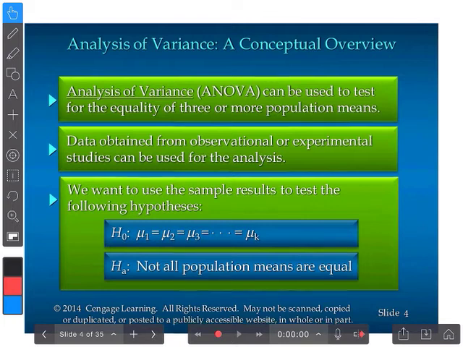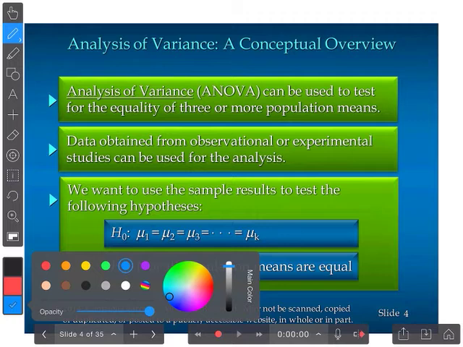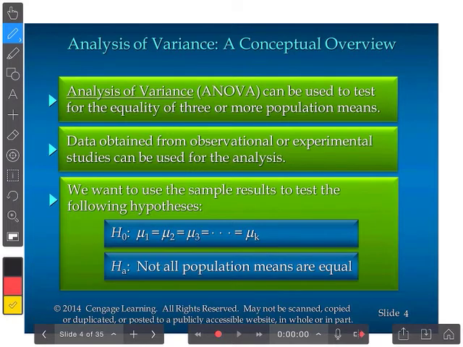We use the word ANOVA as a shortened name for analysis of variance. And we essentially use ANOVA to test the equality of means, population means. So in our null hypothesis, we'll typically state something like this, where the means are equal to each other.